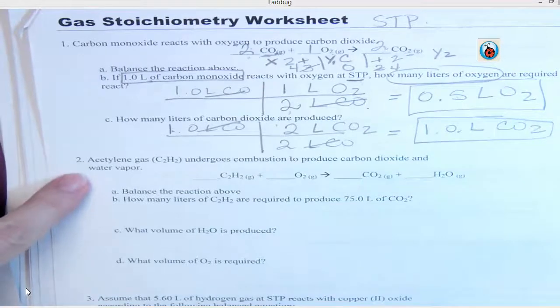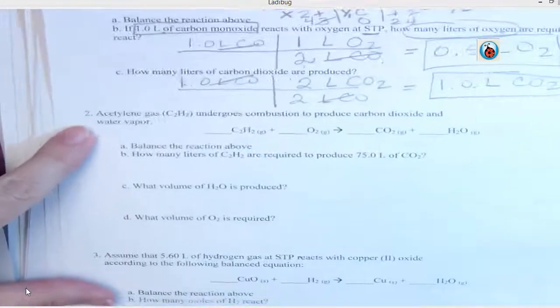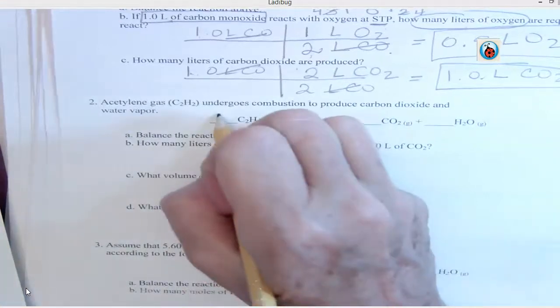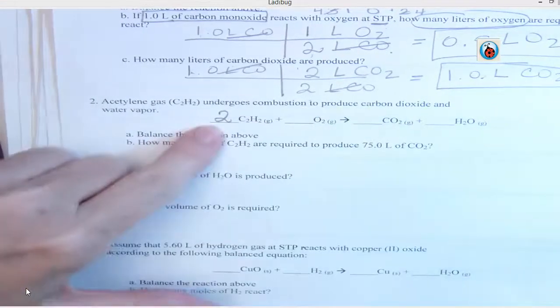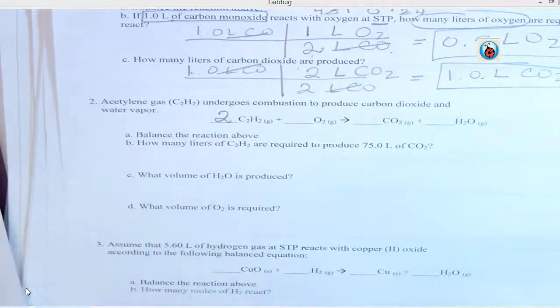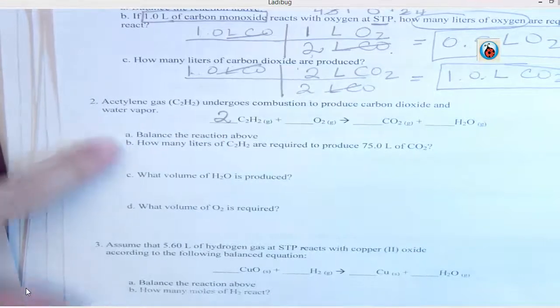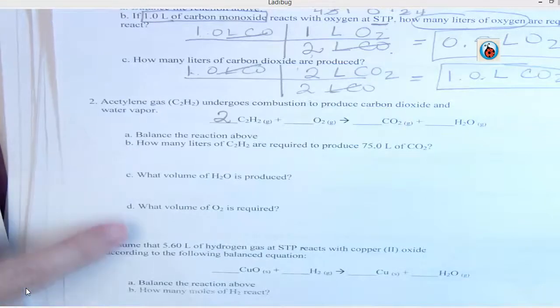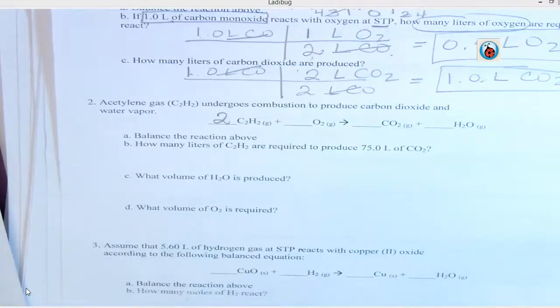So on number 2, this is a hard one to balance. I'm going to help you out by telling you the first coefficient here is a 2. See if you can balance it out. Okay, so balancing is A. Then you'll do a liters to liters problem for B, C, and D. So you're going to have Y1, Y2, Y3.